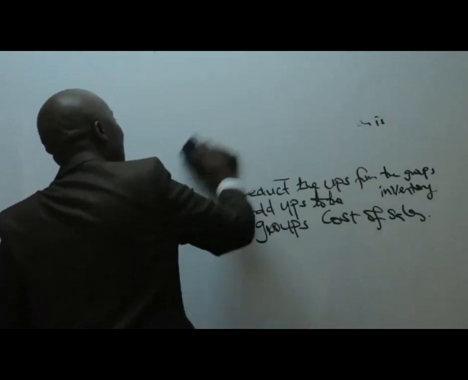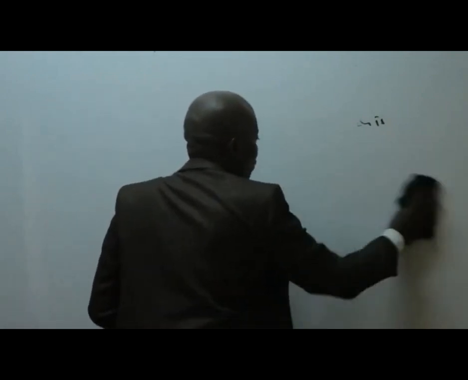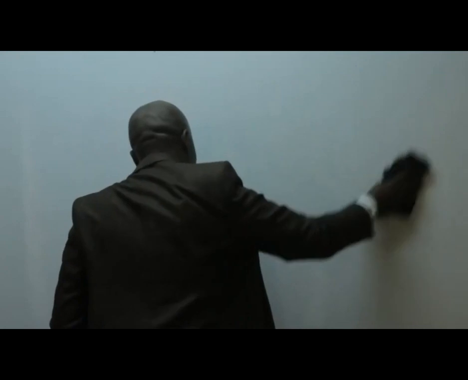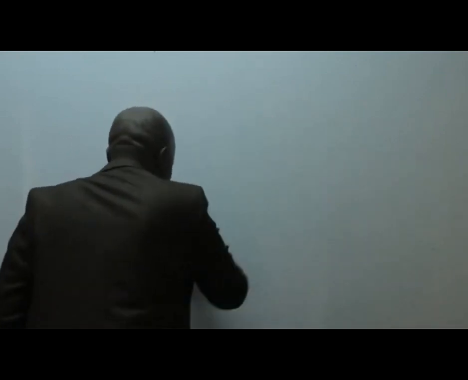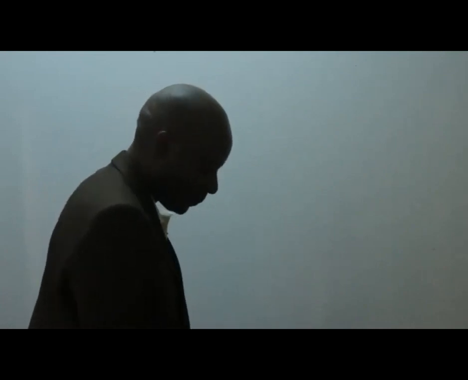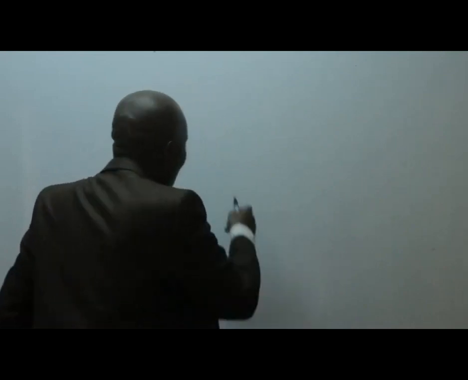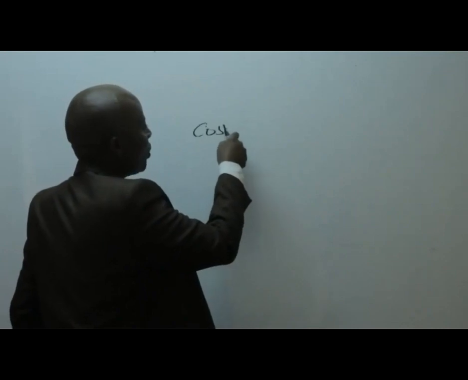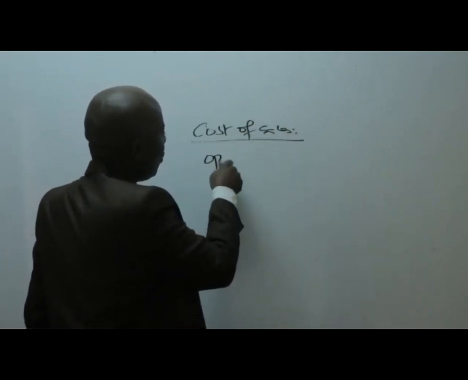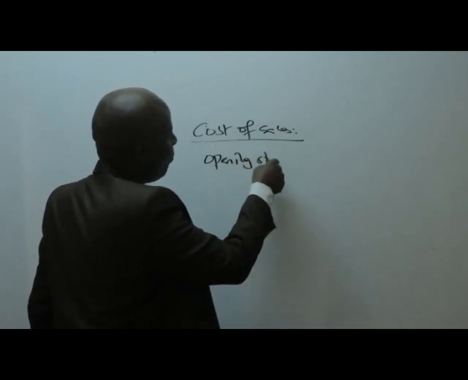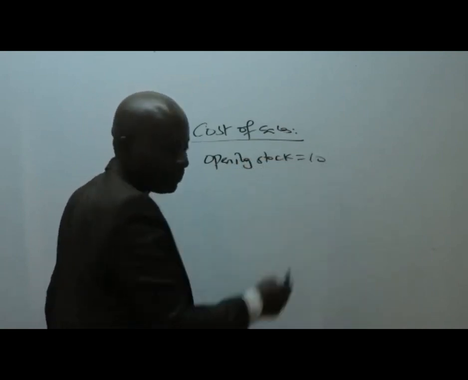Now, why do we add this to the cost of sales of the group? I pray to God to help me explain this very well. How do we get our cost of sales? We normally take opening stock, perhaps 10.